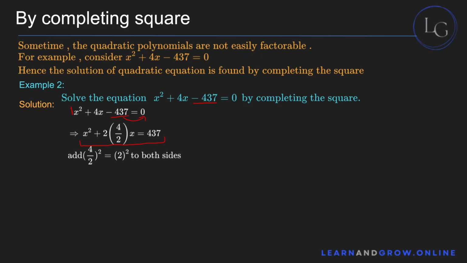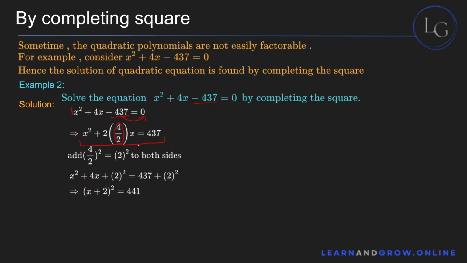Now you'll take the square of whatever you get here and add it on both the right hand side and the left hand side. As you know, 4 over 2 becomes 2, and you'll take the whole square, so it becomes 2 square. So you'll add 2 square on both sides.